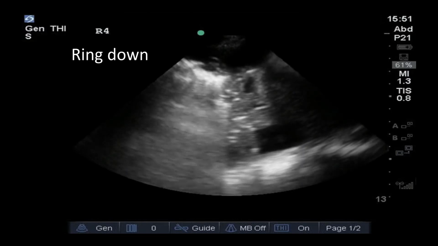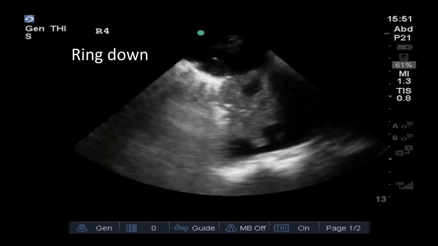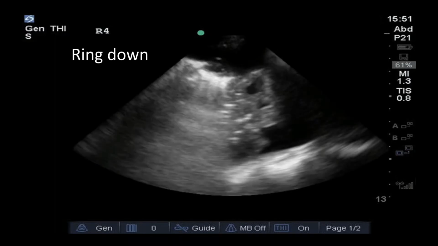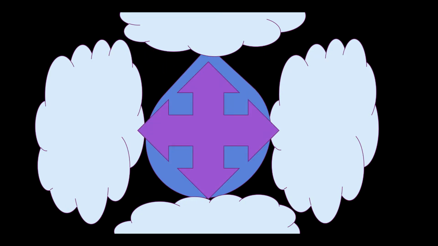Ring down artifact is a similar appearing artifact caused by resonance. Ring down happens when echoes enter fluid that is surrounded by air bubbles. The echoes get trapped bouncing from air bubble to air bubble inside the fluid.